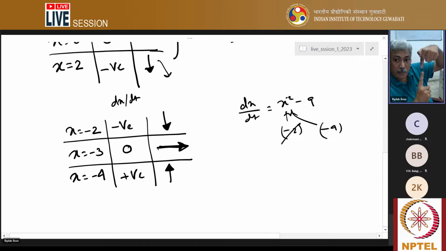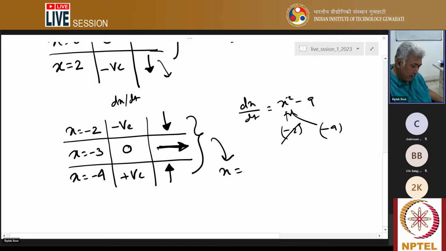That means this is a stable steady state. If you disturb me from the steady state and pull me down or up, with time I will again come back and settle on the steady state. So x equal to -3 is a stable state.